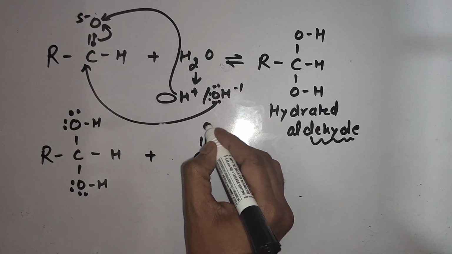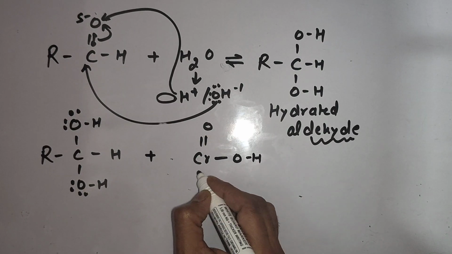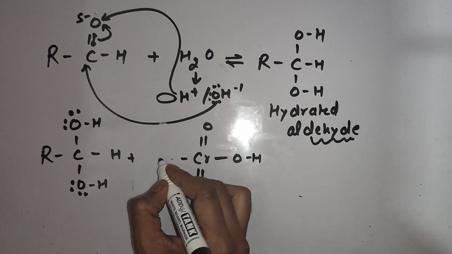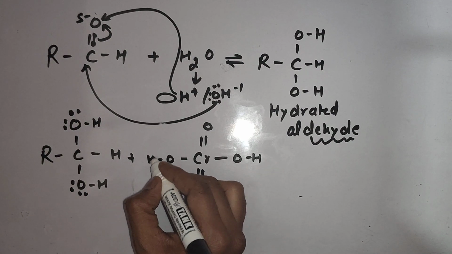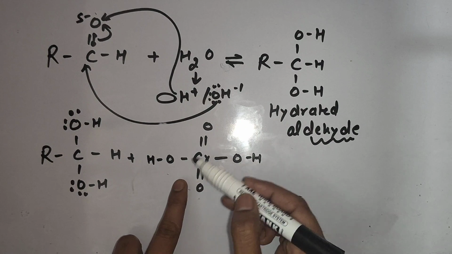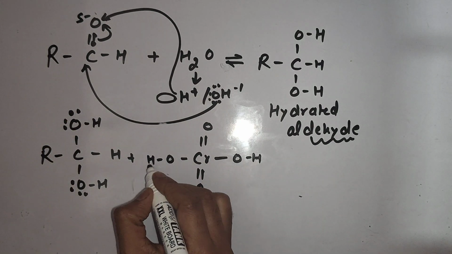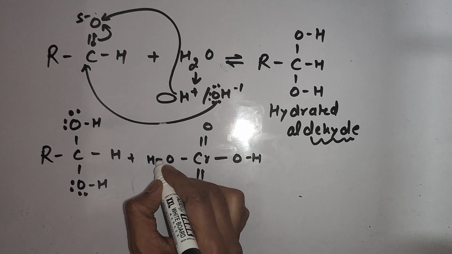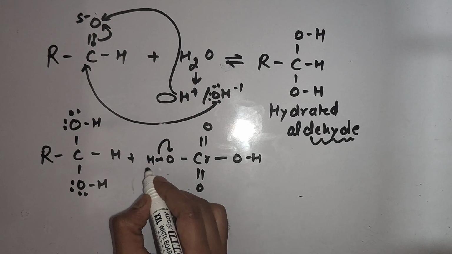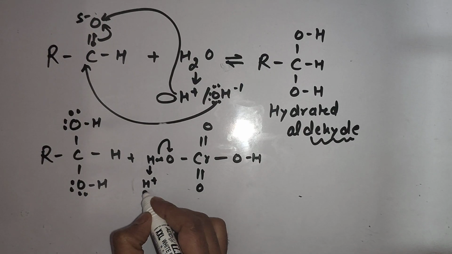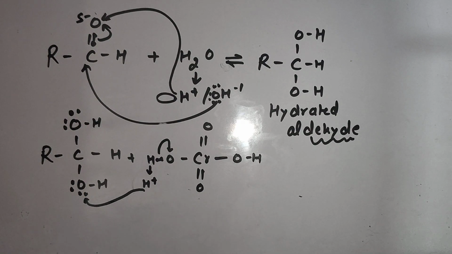Chromic acid again. Same. It is more acidic as compared to this diol. So what will it release? H positive. Oxygen will break bond from its hydrogen. This H positive is looking for electron. Who can provide electron? Oxygen.